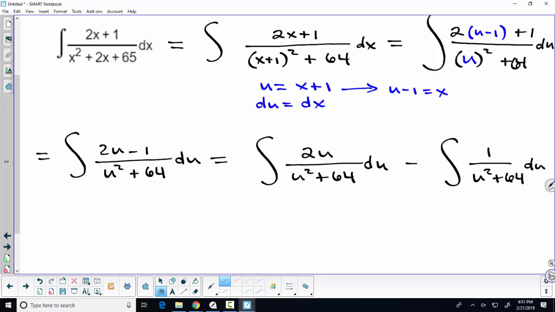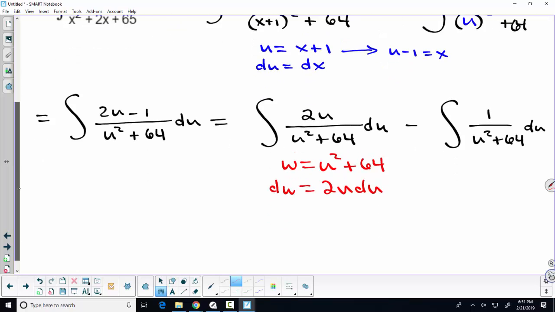So there's the function, there's its derivative. You could immediately take this into the natural log, absolute value of u squared plus 64, but otherwise, yeah. What about the second antiderivative? Yeah.